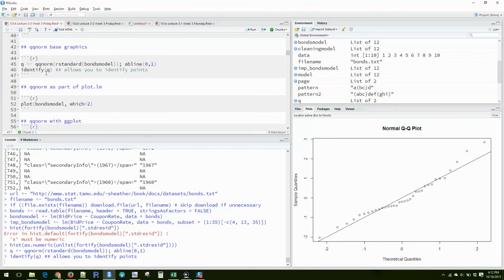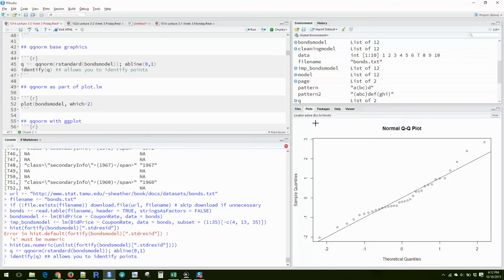So you hit identify Q, and then you come over here and notice your cursor has changed to crosshairs. You click this one, then this one, and maybe also this one here. Then in tiny little text it says escape to finish.